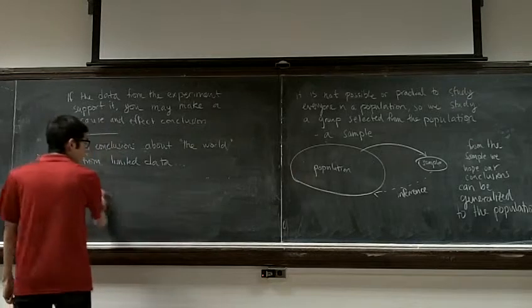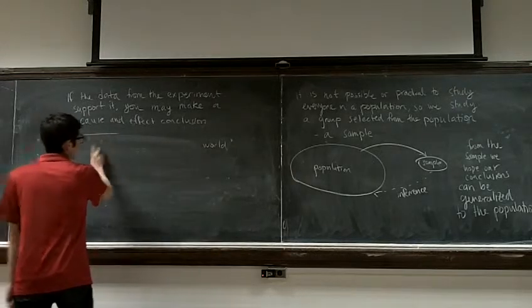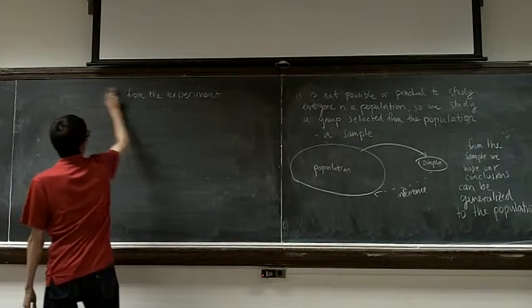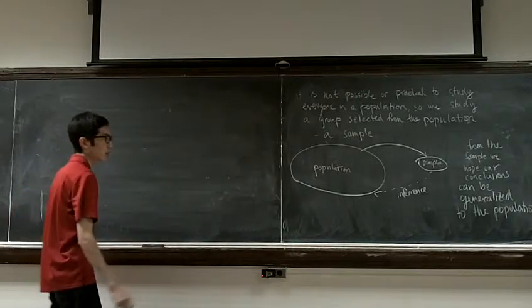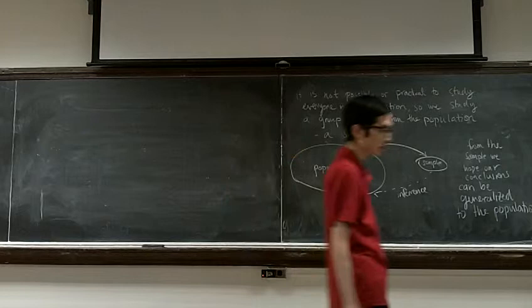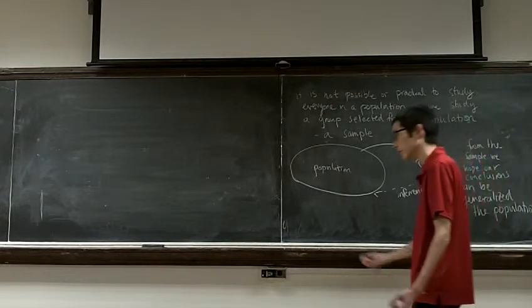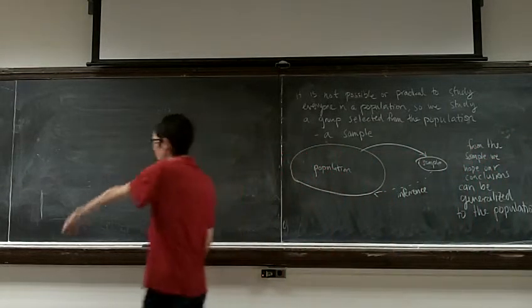Alright, so in order for us to be able to generalize our conclusions back to the population, what must be true about our sample? The sample needs to be representative of the population.